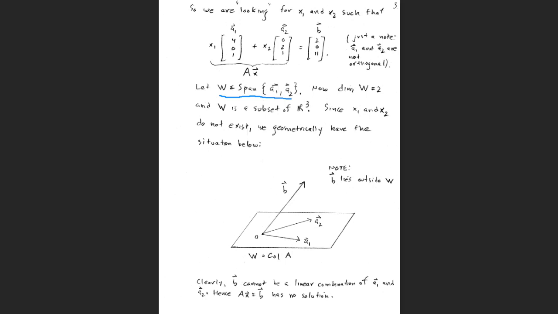The dimension of that subspace W is 2 because the vectors A1 and A2 are linearly independent. Clearly, they're linearly independent. Now, since x1 and x2 don't exist because there's no solution to the system of equations, geometrically, we have the situation that you see here in this picture below.